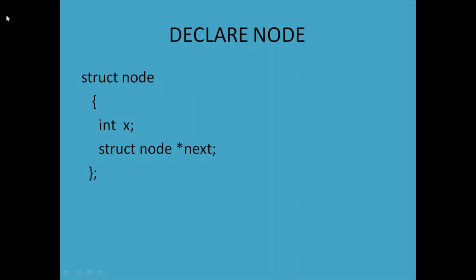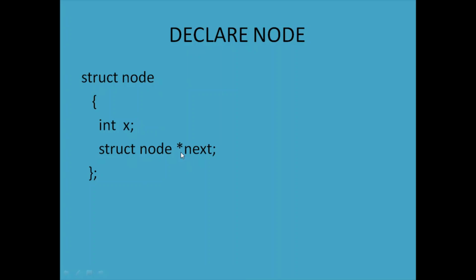Suppose I want to store a floating point value, I will take float. Now here, what I need is to store two types of values. One is of type integer and one is of type pointer.